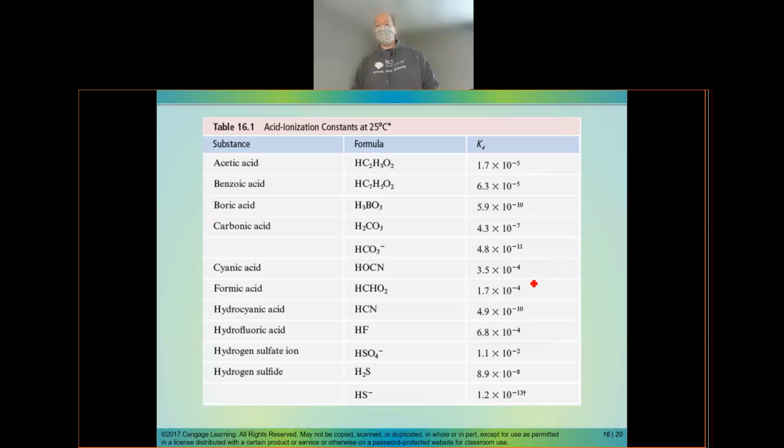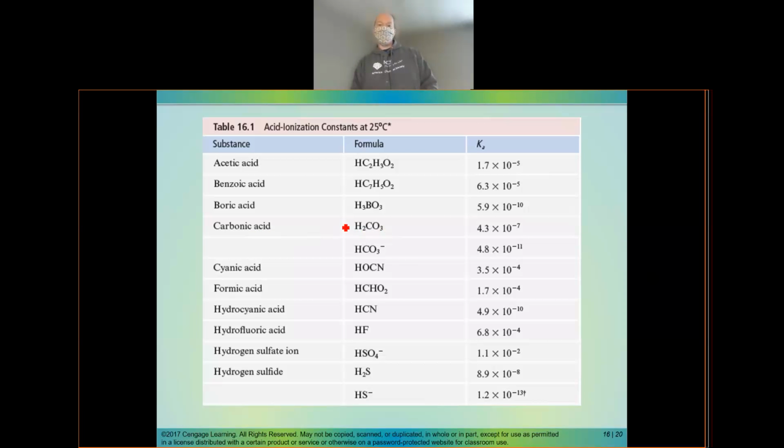The -4s, usually it takes 3 approximations, but it does depend on your initial concentrations. And the -2, you might want to do the quadratic with a number that is a -2 exponent. That is a relatively large Ka value. And so the Ka value also tells you how acidic your acid is.